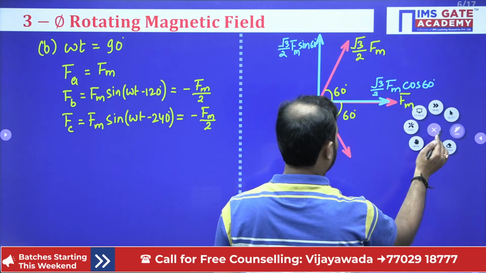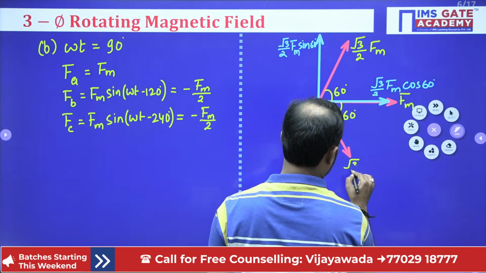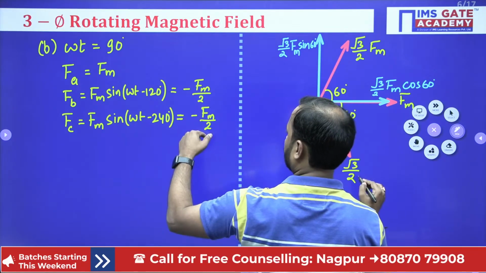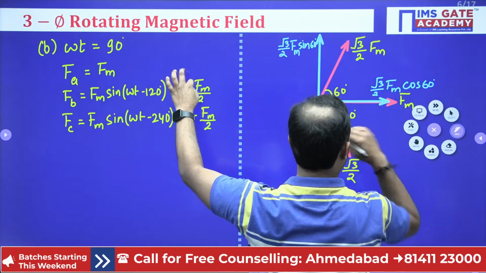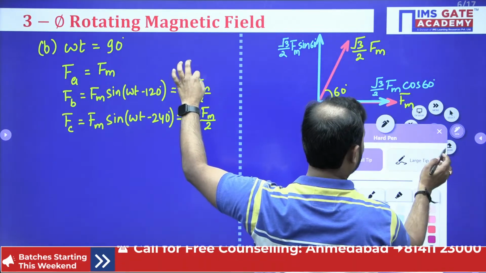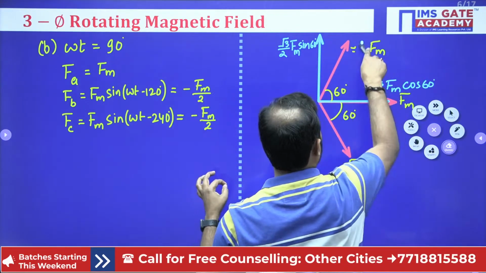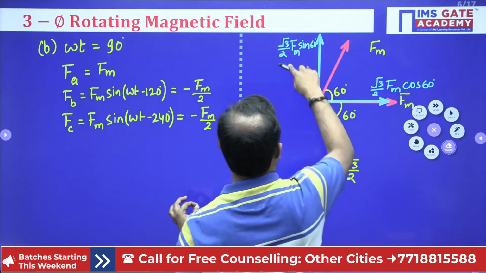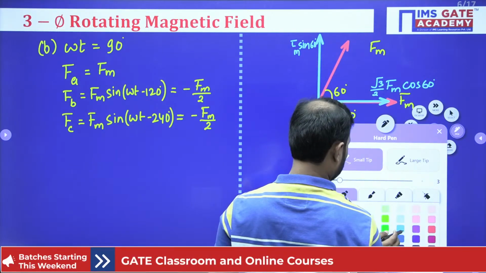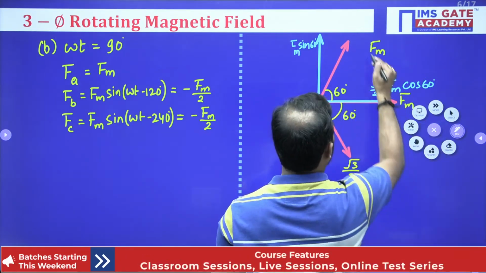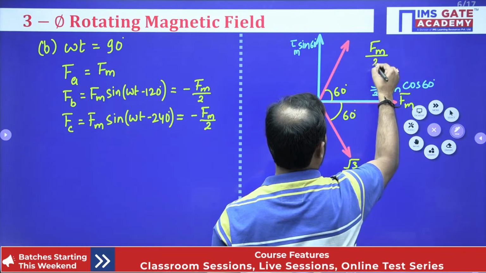This is root 3 by 2. Okay, wait a second, not root 3, this is half, na? Extremely sorry, this is half. This is Fm by 2.